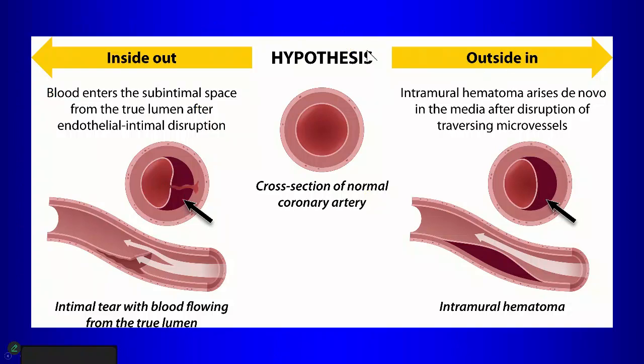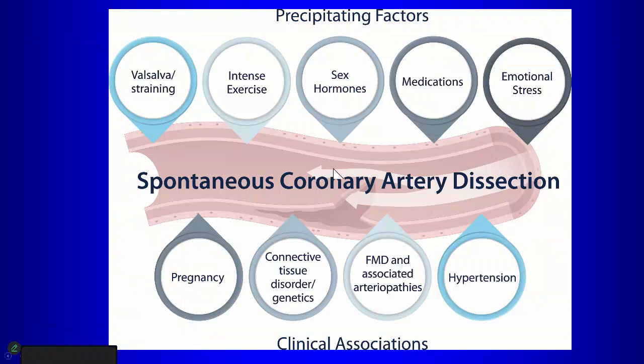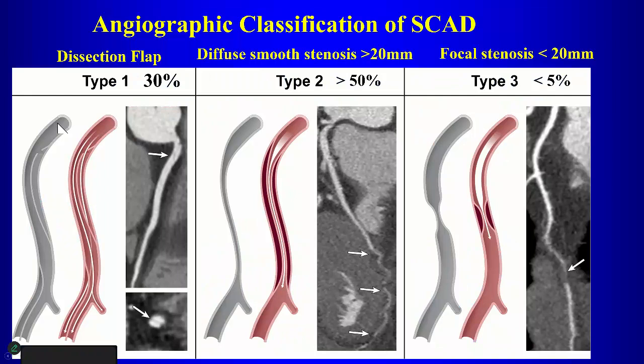So not quite clear, but it does seem that all of these factors can be related to this, right? Sex hormones, emotional stress, pregnancy, connective tissue disorders, FMD especially, some relationship with hypertension. But when you get history in that demographic, young, middle-aged woman, pregnancy, chest pain, think about this, spontaneous coronary artery dissection.